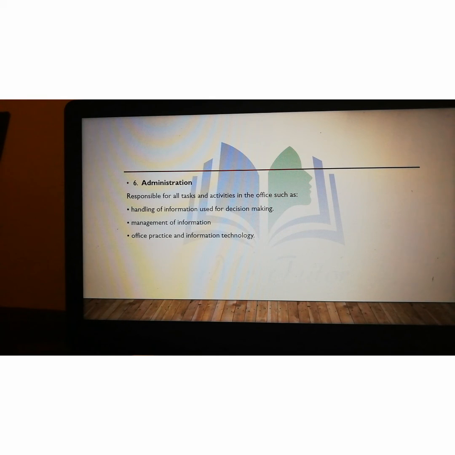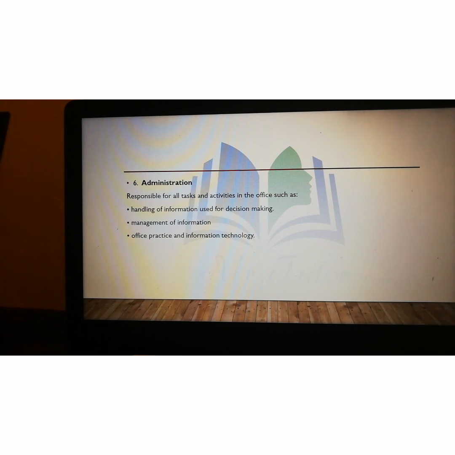For example, the handling of information used for decision making. For example, if Mr. Motaung has written a portfolio to the middle management to say, this is what I want the team to achieve, these are documents that are very important to Kaiser Chiefs, because if the middle manager was to mishandle that information, then the team would lose its vision, its sense of direction.